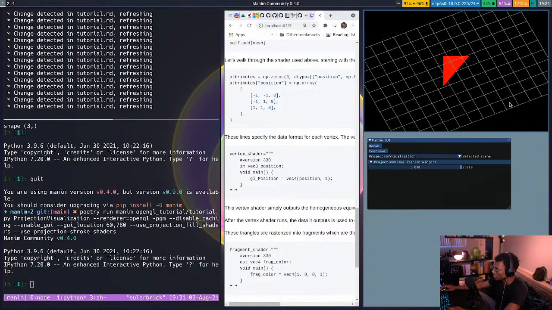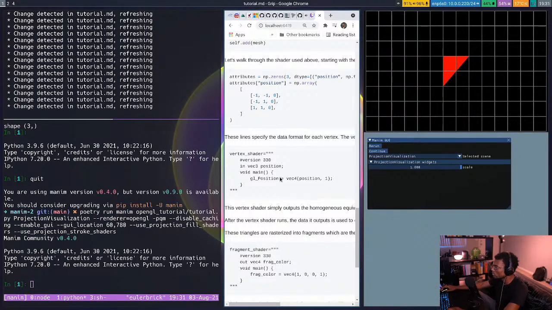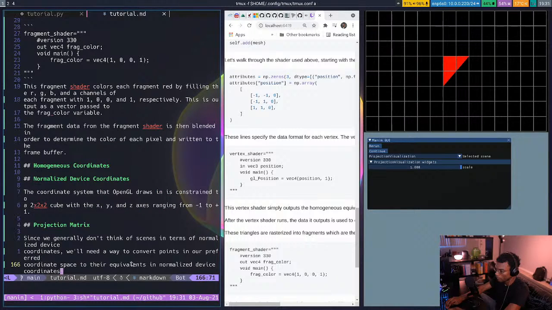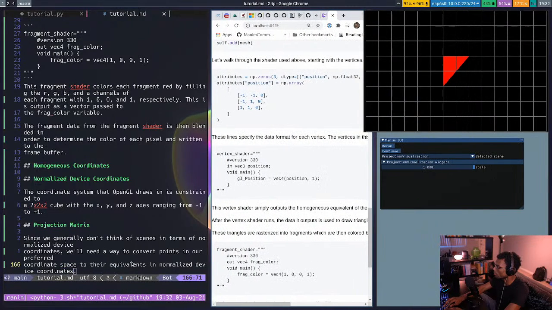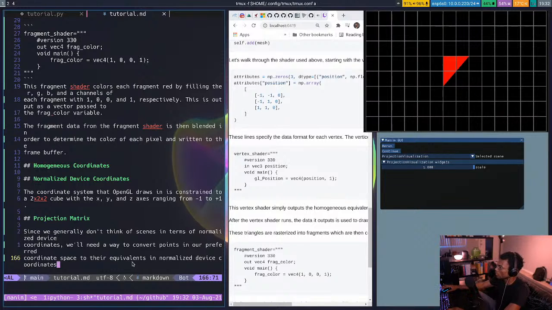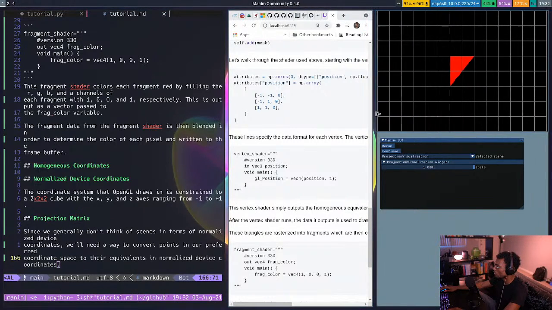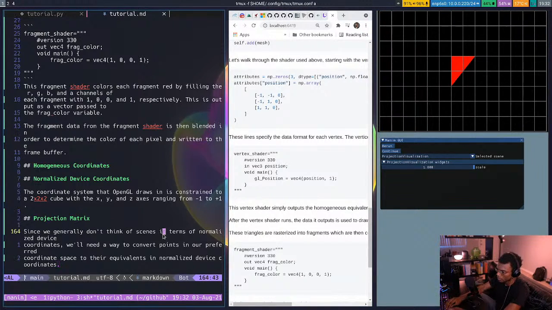Did you see that this maps it into Manim space? Normalized device coordinates.